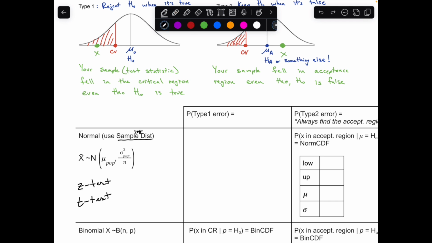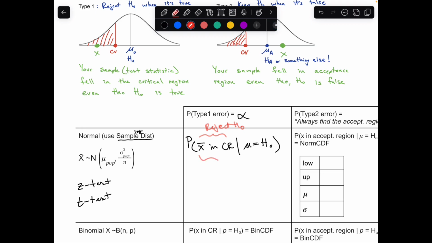So the probability of a type 1 error is simply alpha for anything that's using the sampling distribution, the normal distribution. And that is because a type 1 error is the probability that your sample fell in the critical region, so that you end up rejecting H null even though your mean equals the hypothesis, which means you should have actually kept it.